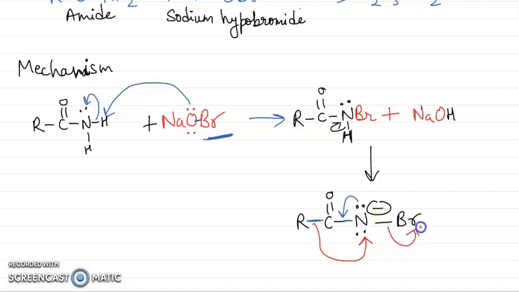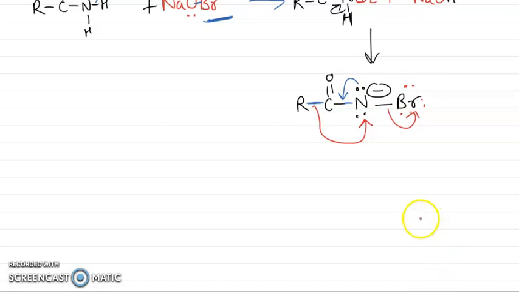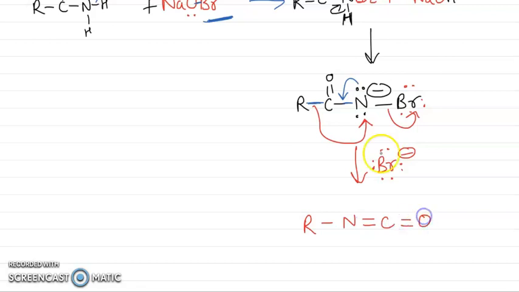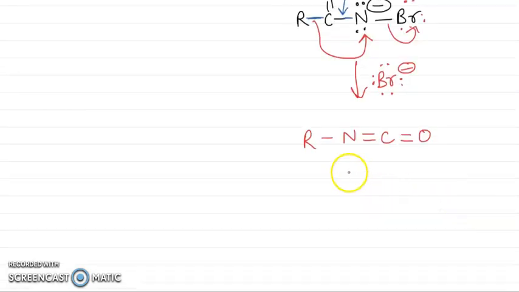Therefore, this bromine will leave as bromide ion. And the next structure we will get is R, N, double bond C, double bond O. R is bonded to nitrogen and this nitrogen is bonded to carbon and this carbon is bonded to oxygen by a double bond. This is the alkyl isocyanate.